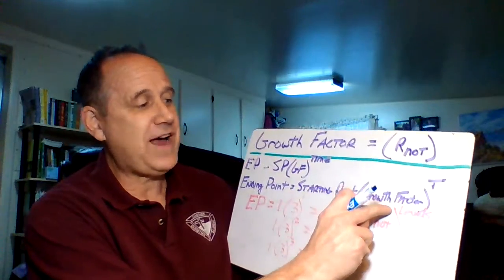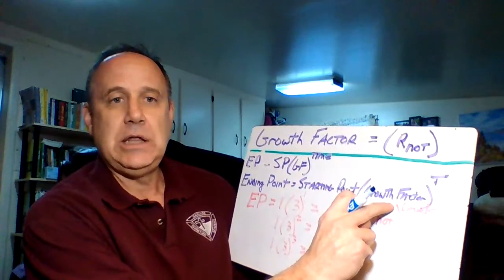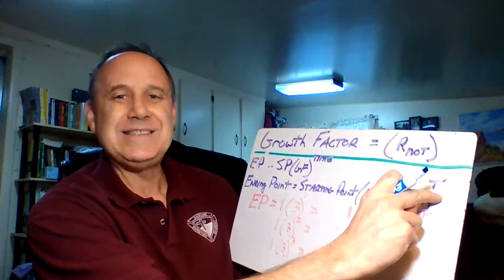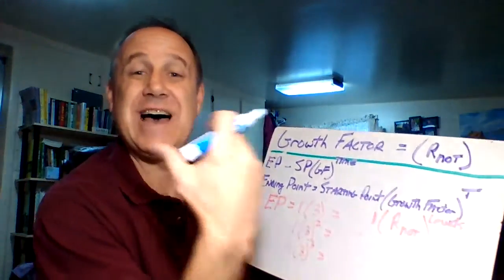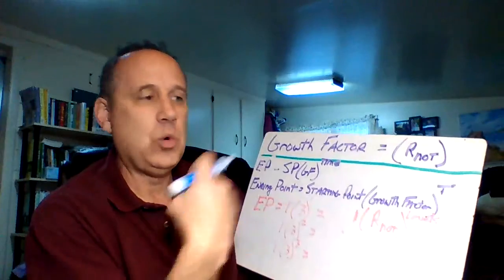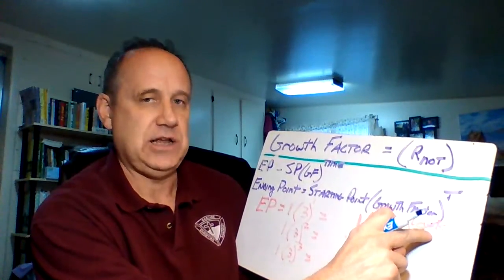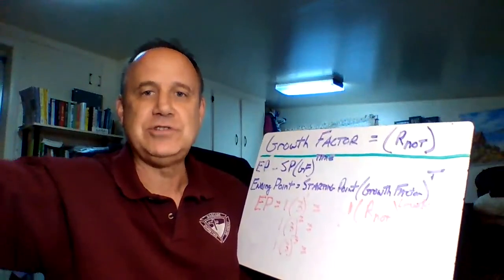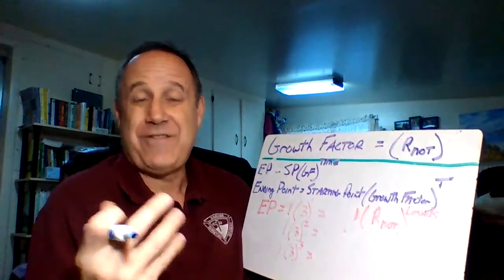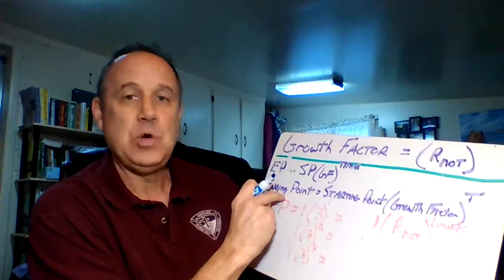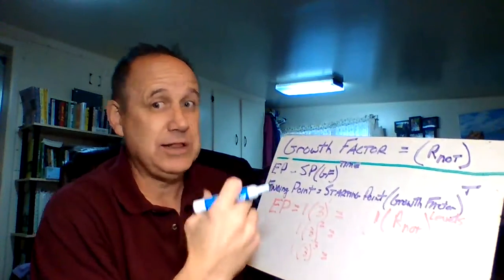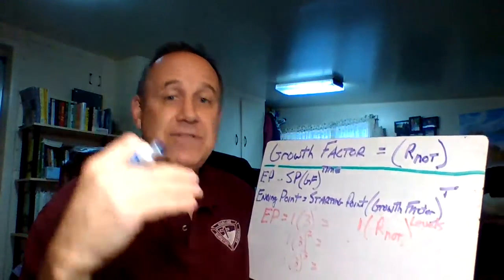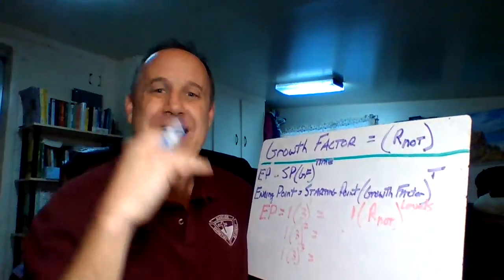So your growth factor ends up being inside the parentheses, and then it's raised to whatever time it is, or whatever level it is, however many levels you're looking at, to find out what your ending point would be. After 3 levels, after 5 levels, after 10 levels, or after 1 year, after 5 years, after 10 years.